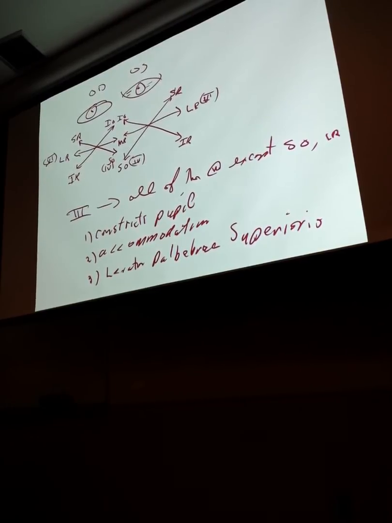And so, let me give you an example. Here we draw these diagrams like this.